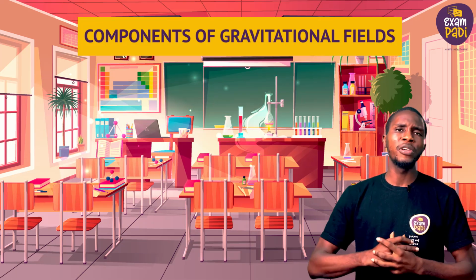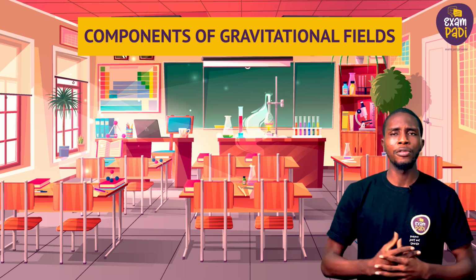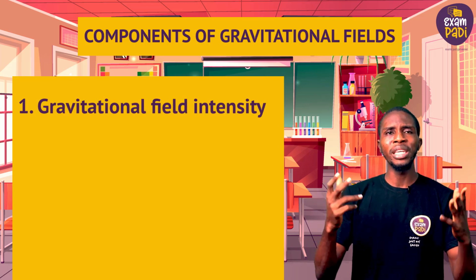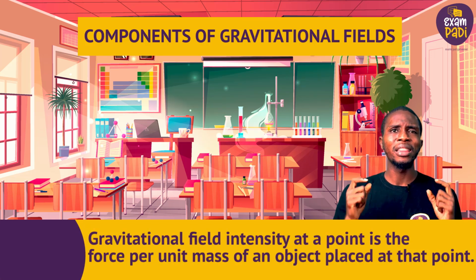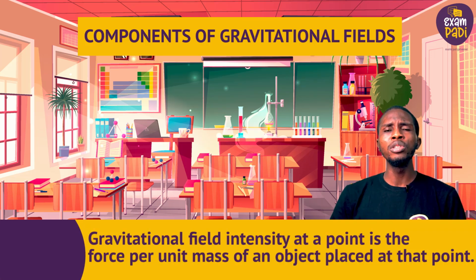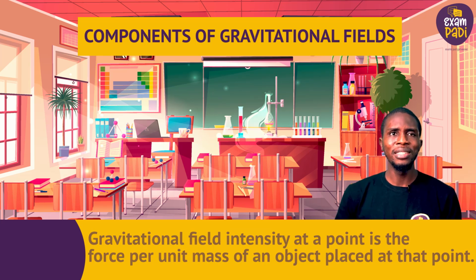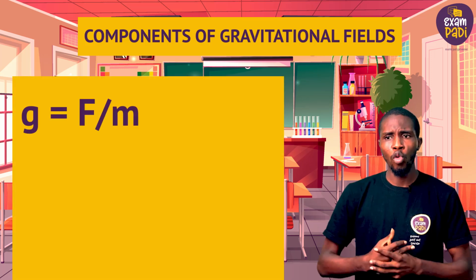What are the components of gravitational fields? The components of gravitational fields are as follows. 1. Gravitational field intensity. Gravitational field intensity at a point is the force per unit mass of an object placed at that point. That is, mathematically, g = F/m.